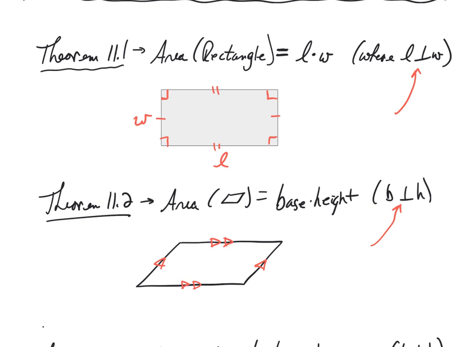So the height usually is an extra line drawn within the picture. We usually have an extra measure given to us that is perpendicular to one of the sides. So as an example, here we might need to be given h, the height, perpendicular to b, the base. And then the formula is just going to be base times height.